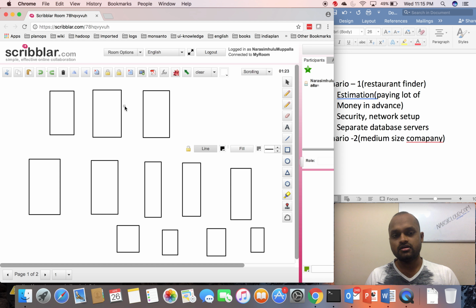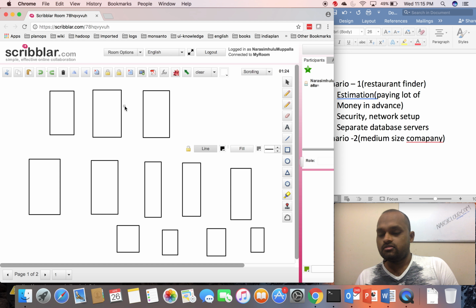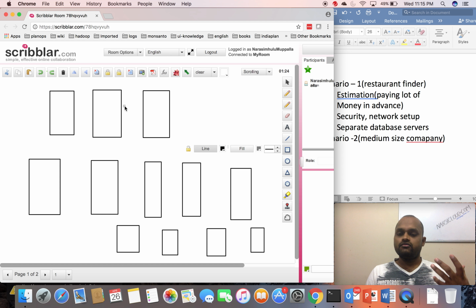So by now, I think you would have got a little idea about the cloud, what problem it resolved, by looking at those scenarios. And after that, we have gone through three types of services: infrastructure as a service, platform as a service, and software as a service.